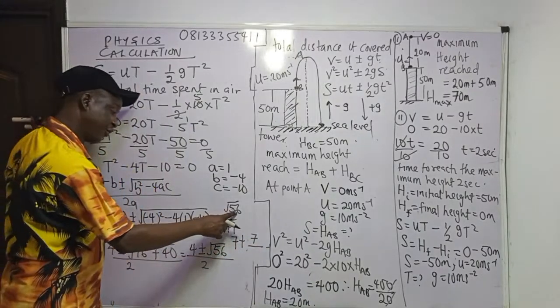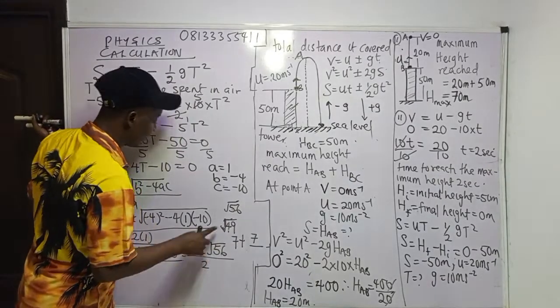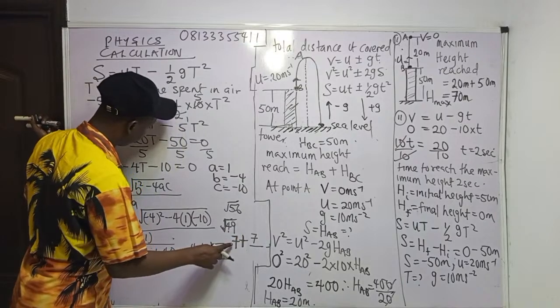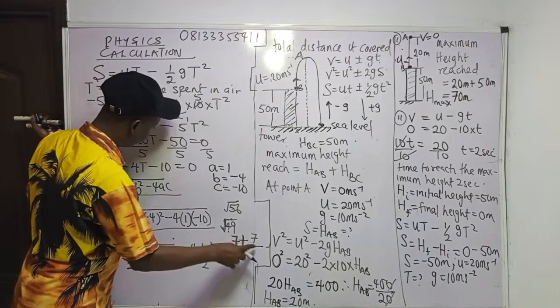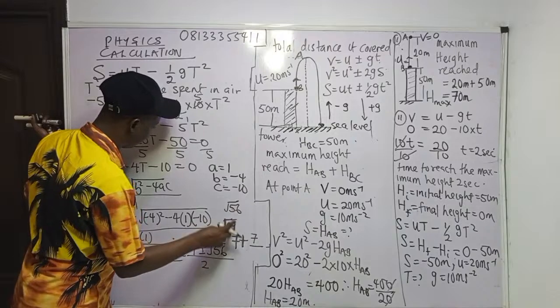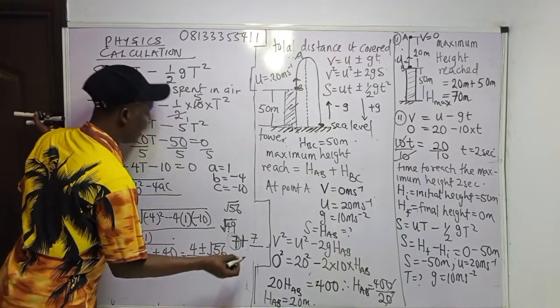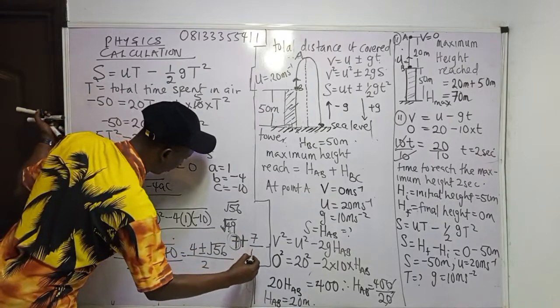That means 56 minus 49 should be 7. Then we write 7 plus. This 7 is from 49, the perfect square. How do we get this one? When you subtract, the remainder is 7. Then this 7, anything you get here from the perfect square, you multiply by 2, and I would have 14.